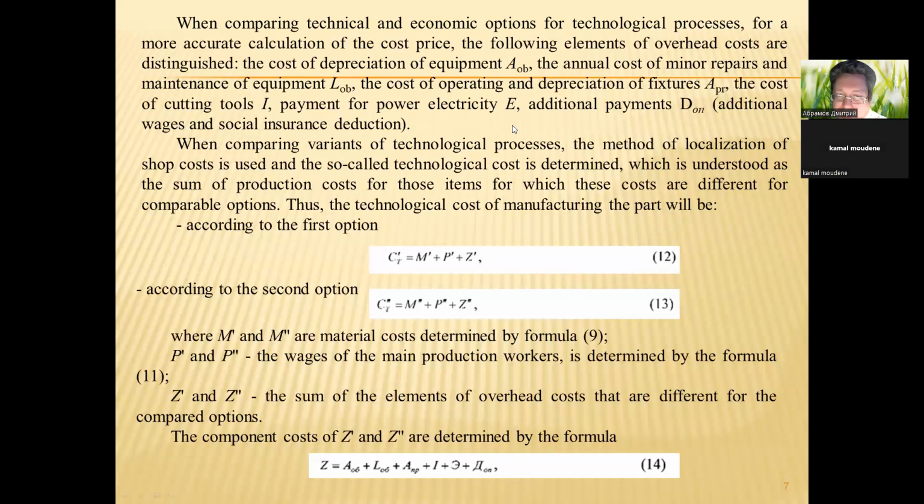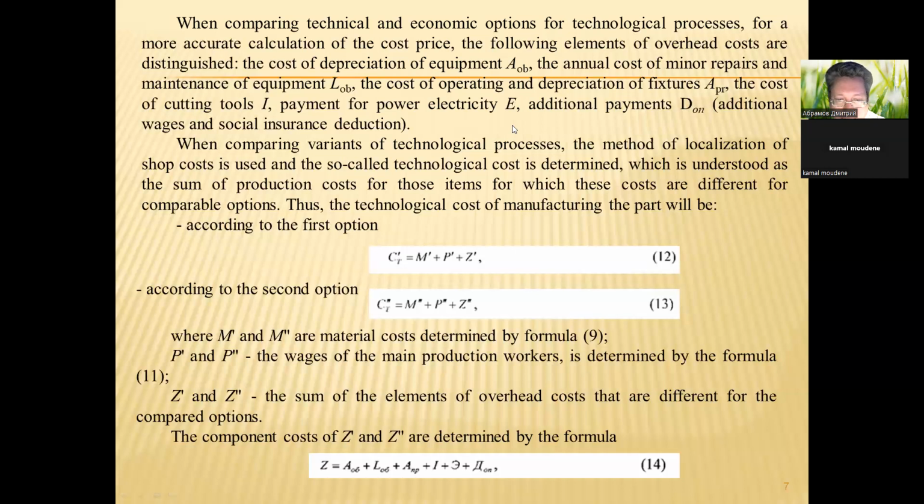Thus, the technological cost of manufacturing the part will be, according to the first option, we use Formula 12, and according to the second option, we use Formula 13.